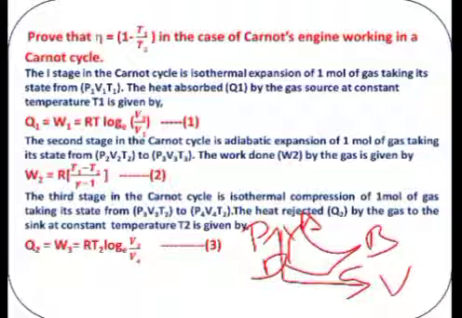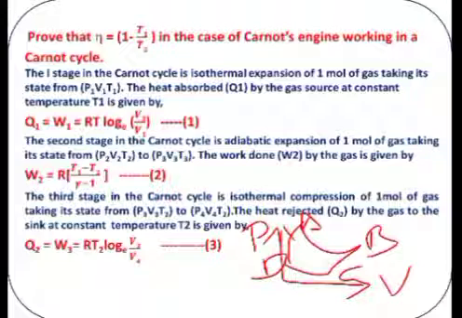Now the second stage, that is adiabatic expansion. The 1 mole of gas takes its state from P2 V2 T2 to P3 V3 T3, which means again there is a change in the cycle. Pressure, volume and temperature are changing from P2 V2 to P3 V3.